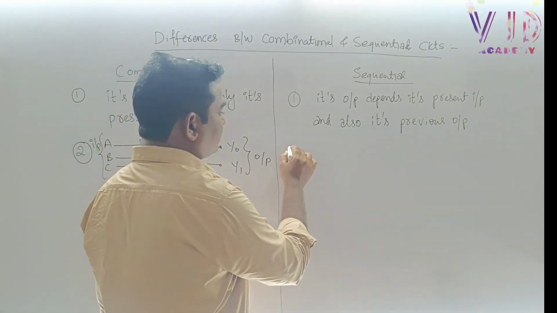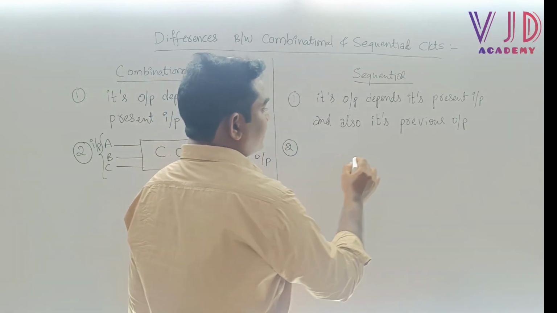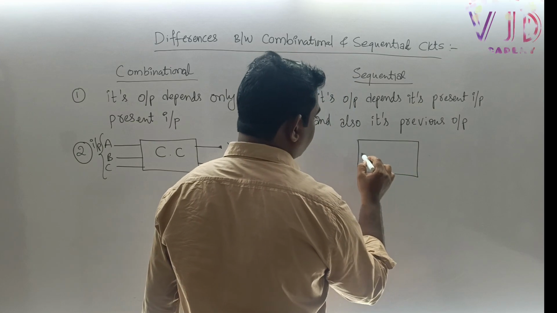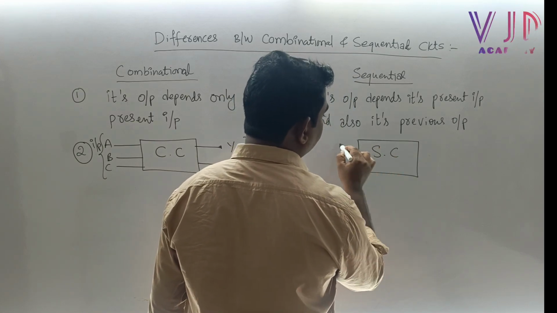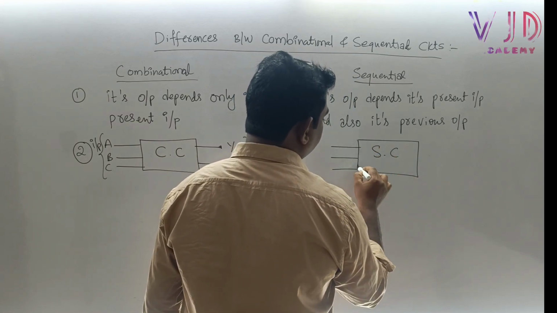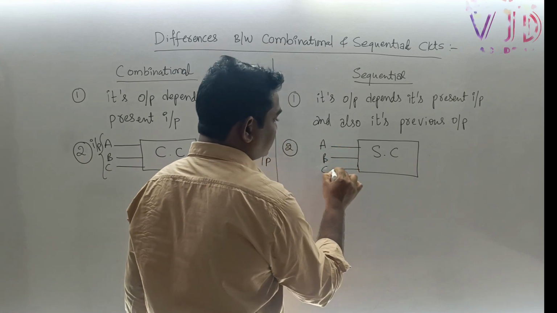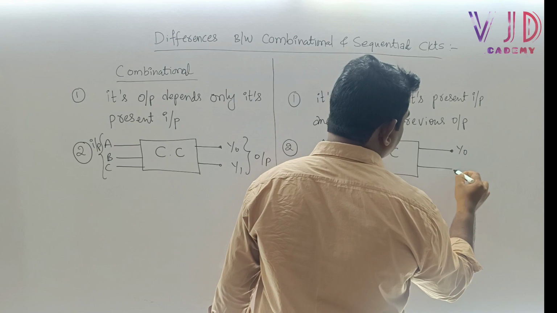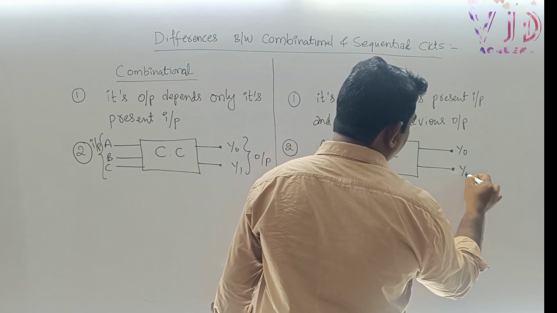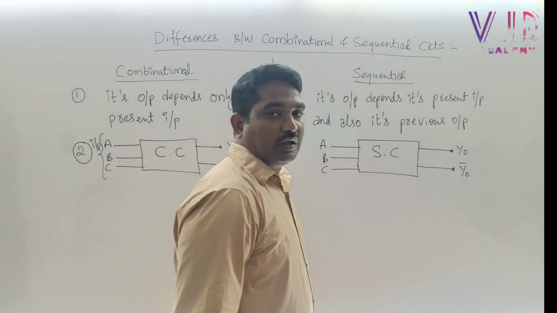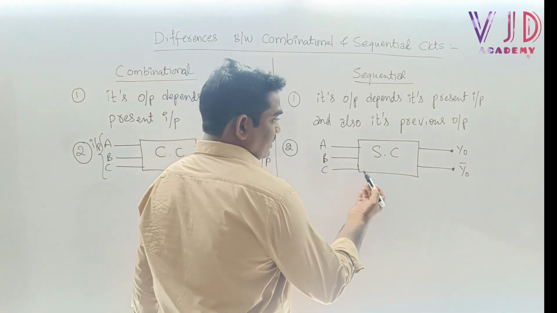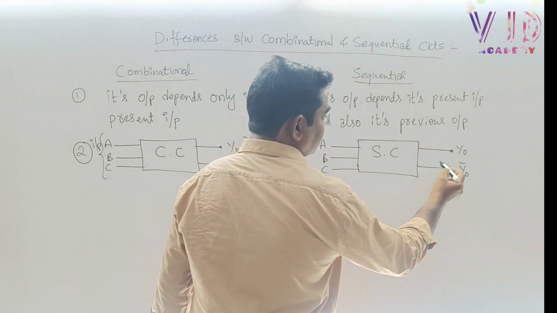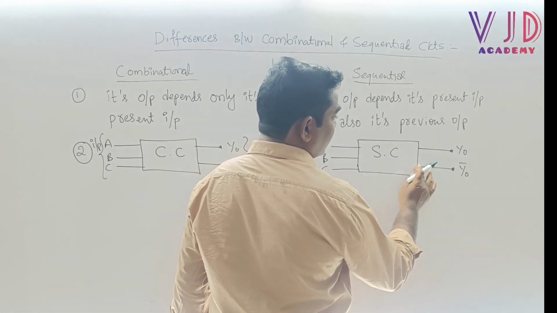Now coming to the second point of the sequential circuit. Here is the same diagram, but it has a small difference; that is called a sequential circuit. Here also A, B, C are the inputs, and this is Y0 and Y0 bar.